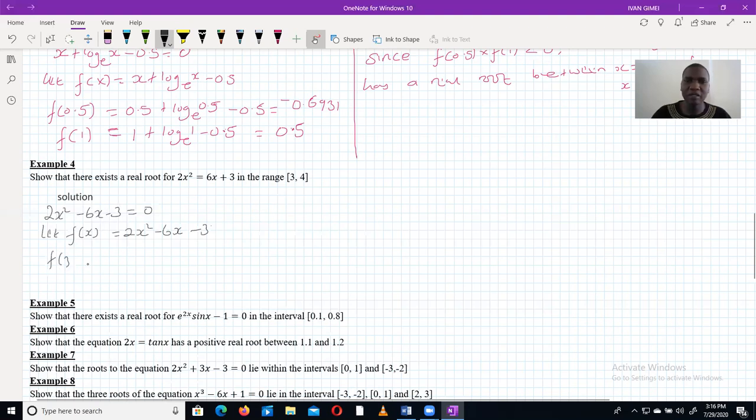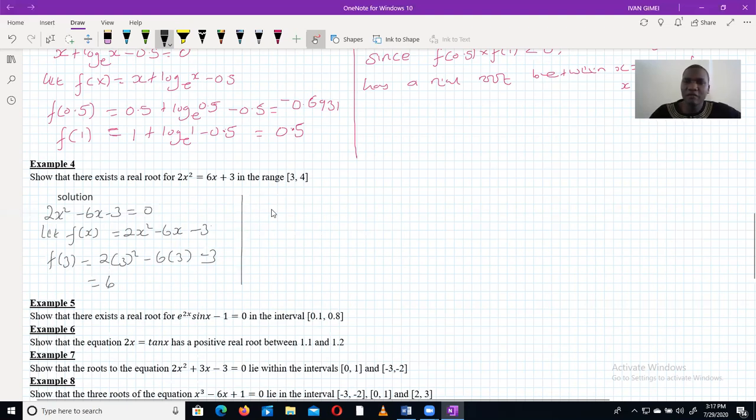By substituting 3 here, I have 2 into 3 squared minus 6 into 3 minus 3. Then I also get f of 4.